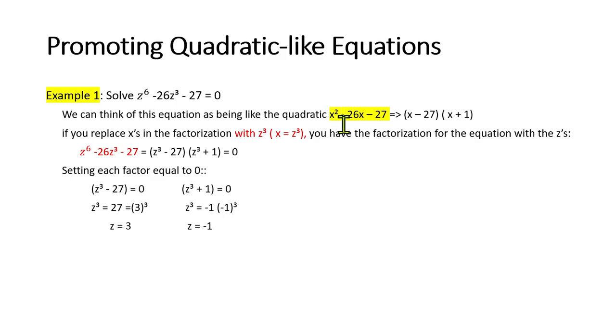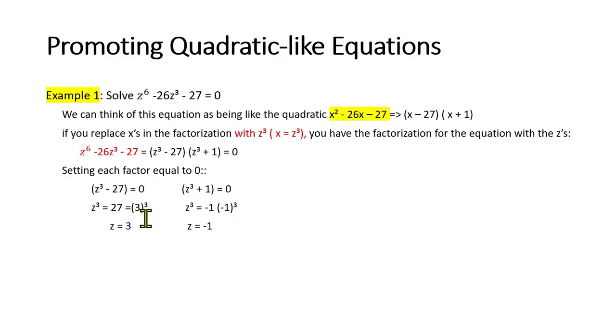Then you can put it like this, then you can factor like this. So we let x equals y cubed, then x minus 27 and x plus 1, so y cubed minus 27 and y cubed plus 1 equals 0. So you solve each factor by setting it to 0. So y cubed minus 27 equals 0, y cubed equals 27.